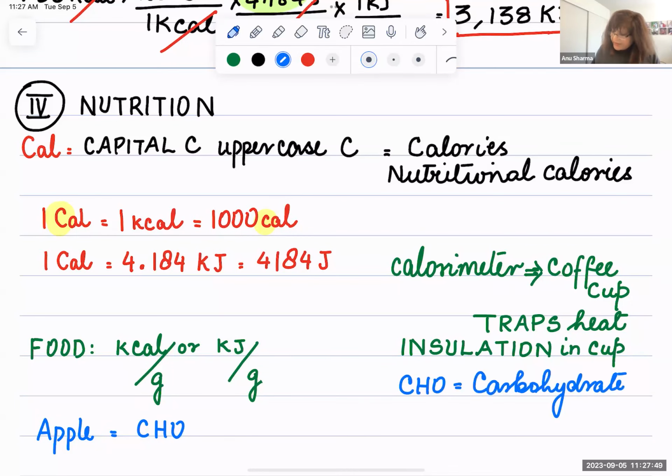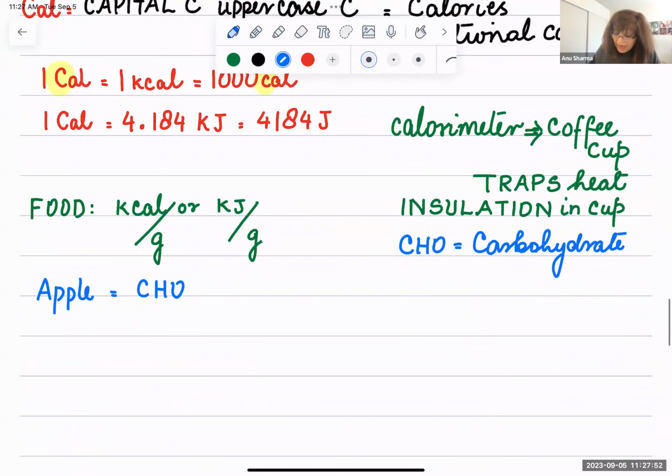We know there are carbohydrates, fats, and proteins. In an apple, there are 15 grams of carbohydrates, and those are releasing 60 kilocalories of heat. The energy that you're going to get, 60 kcal, is equal to 260 kilojoules of heat.